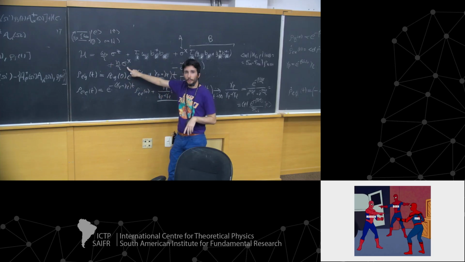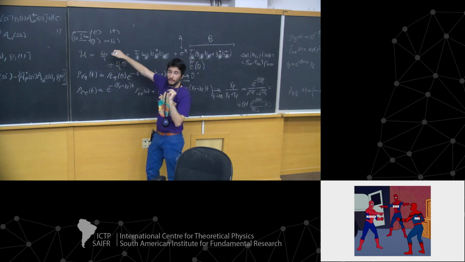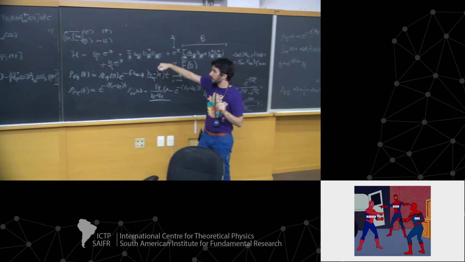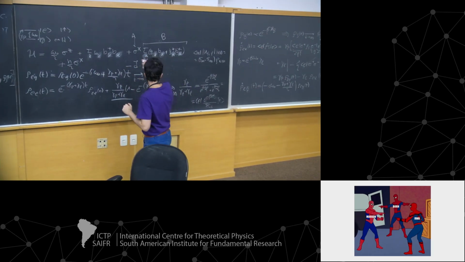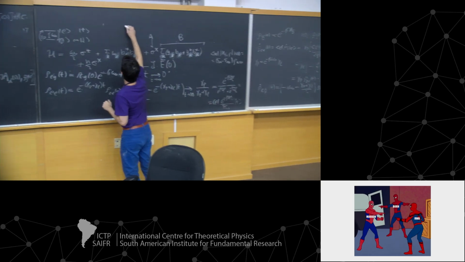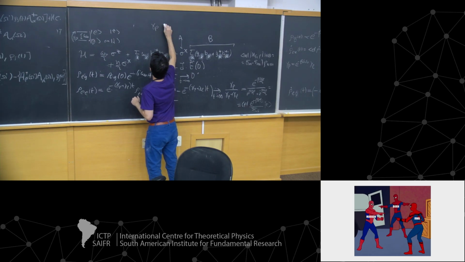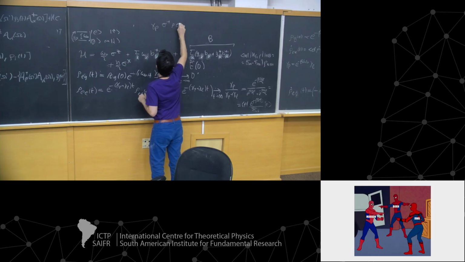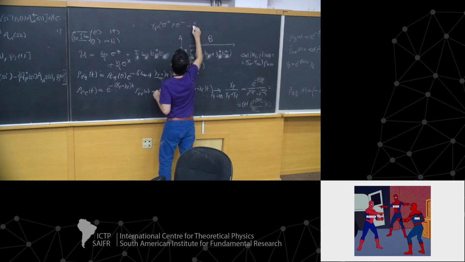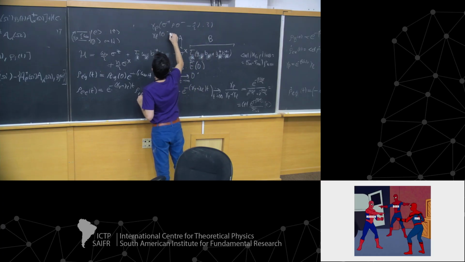But if you have this object, then the actual ground state of the system will have a small component along the excited state. This object is not going to be the exact ground state. So if you keep the same jump operators here, which I erased, but there was this term and this term.